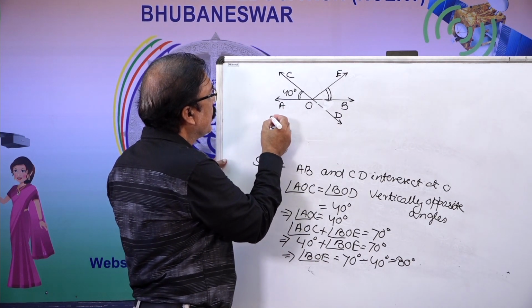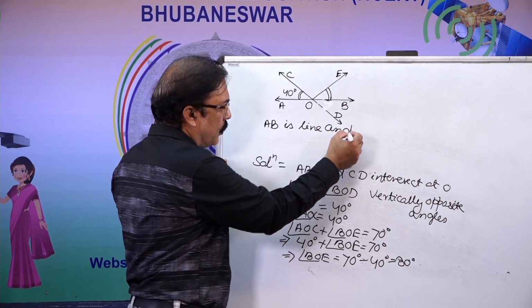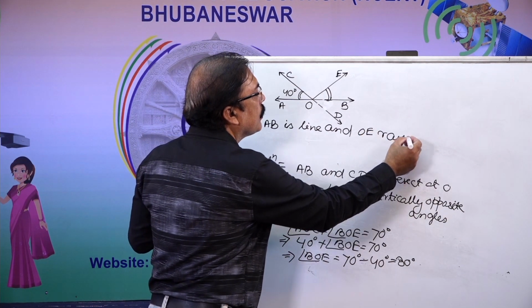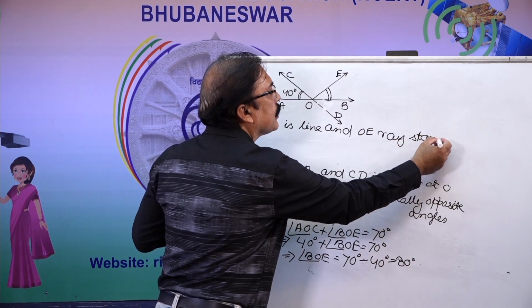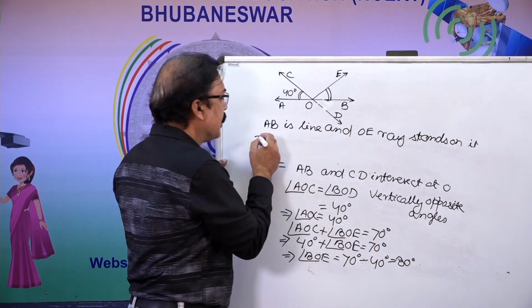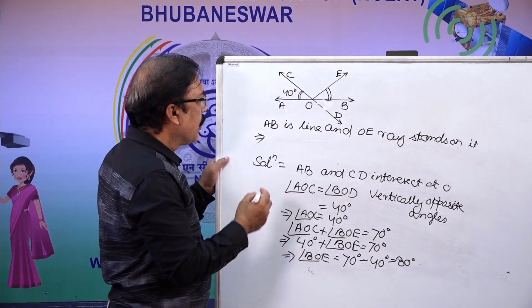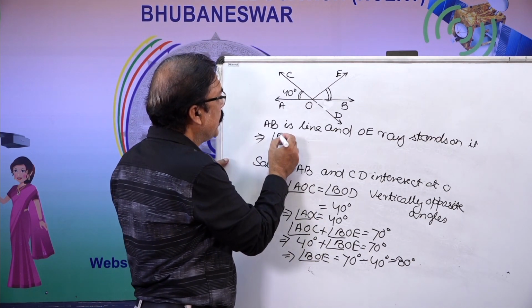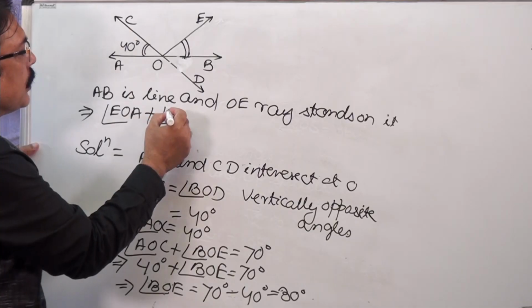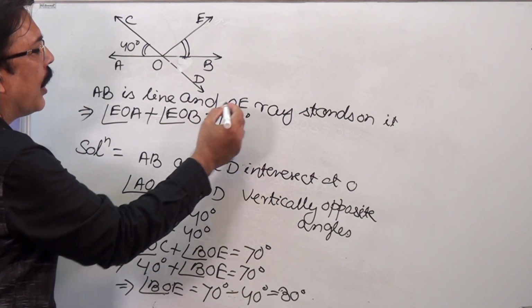AB is a line and OE ray stands on it. That means they form a linear pair, that is angle EOA plus angle EOB is equal to 180 degree.